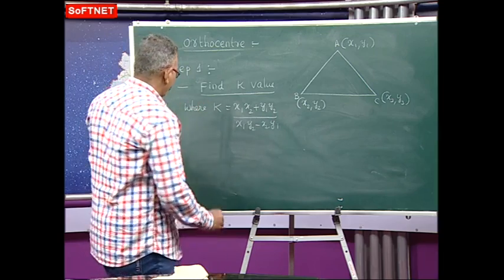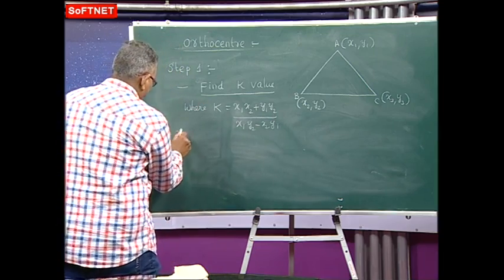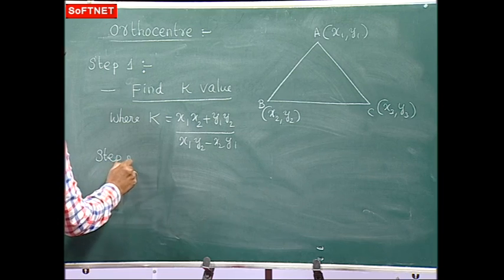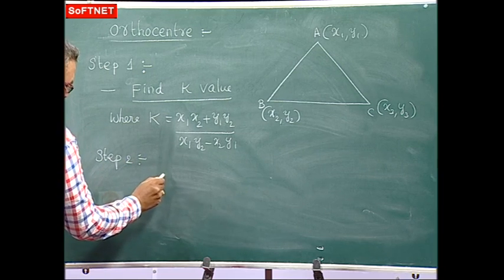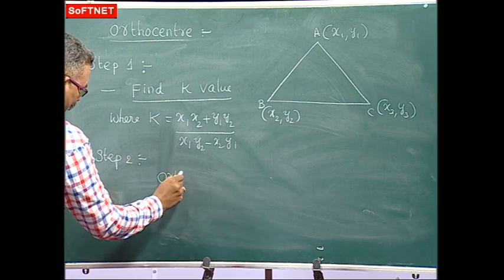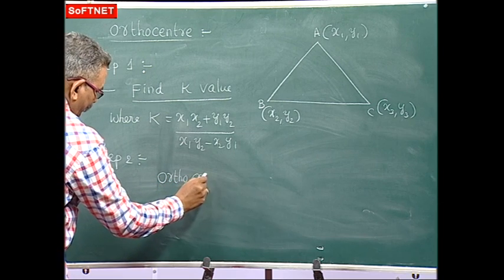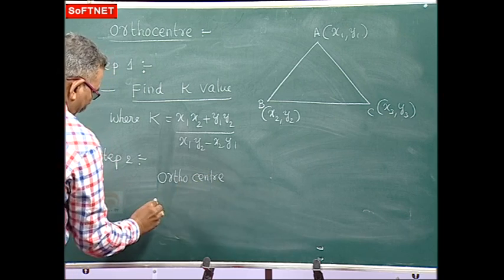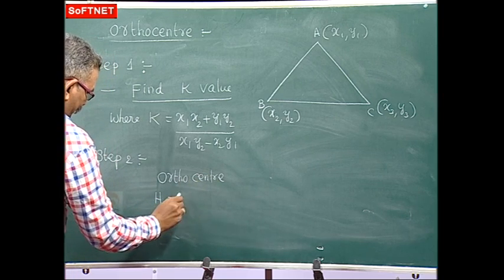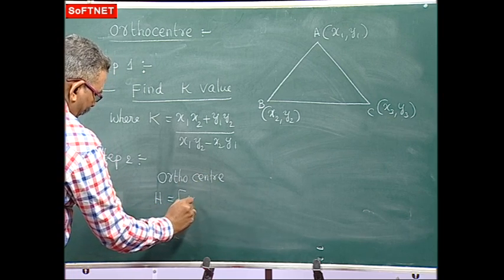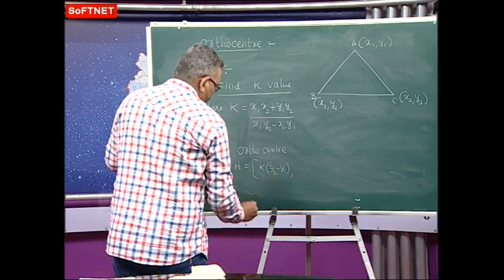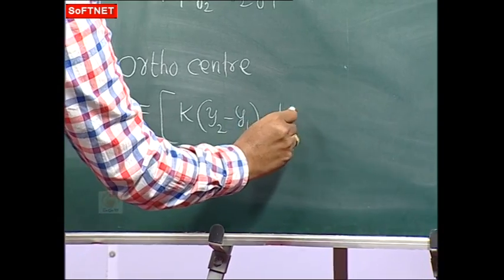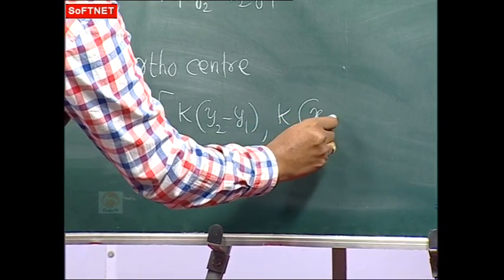In step 2, we directly get the orthocenter H, which is equal to K times y2 minus y1, and K times x1 minus x2.